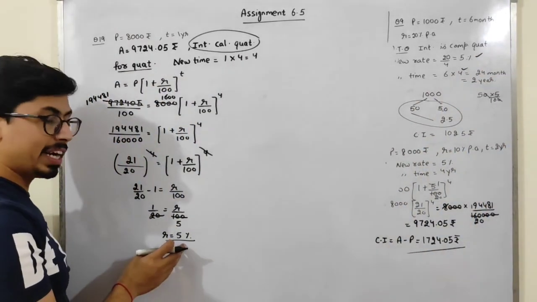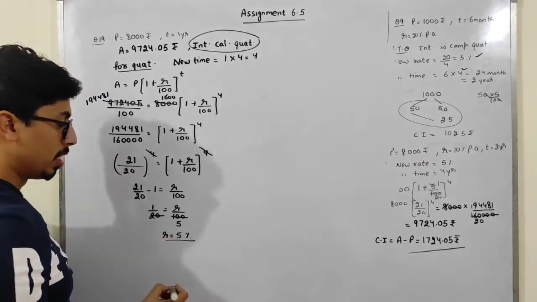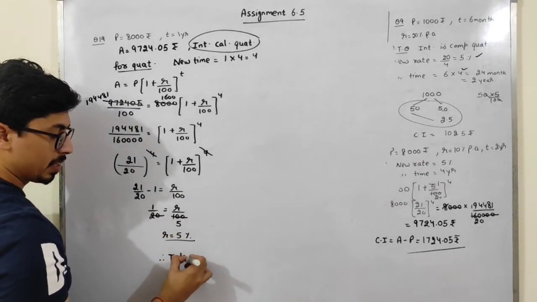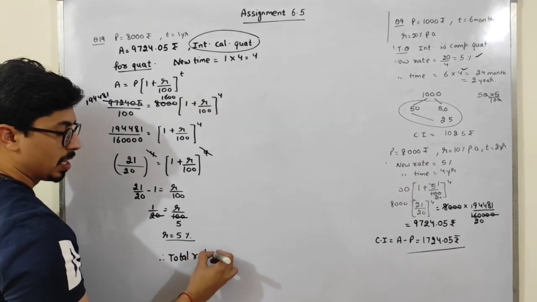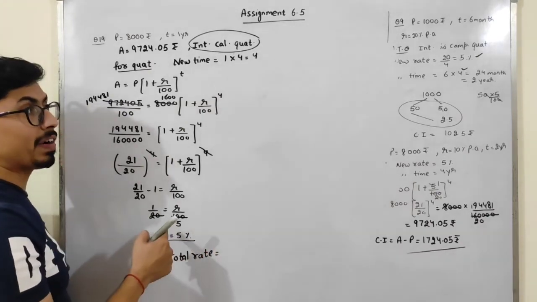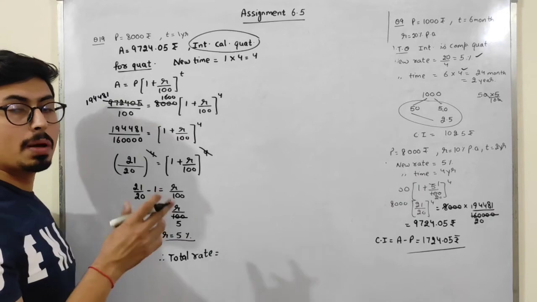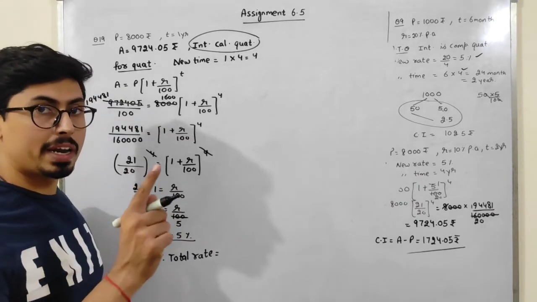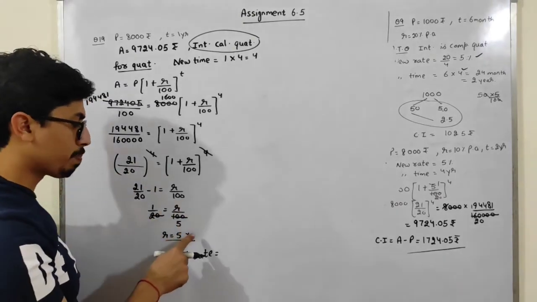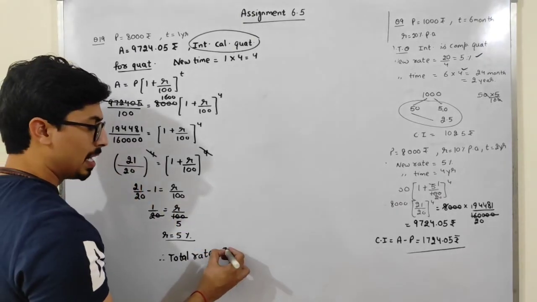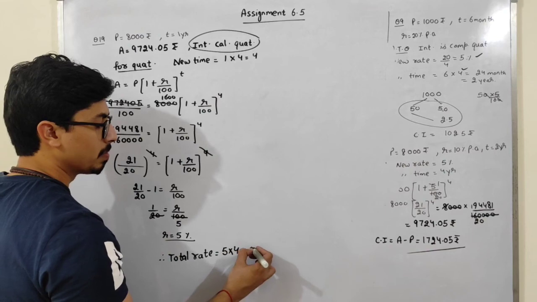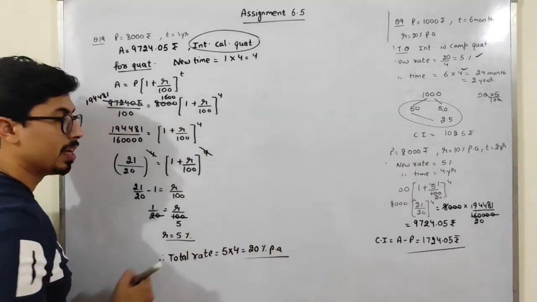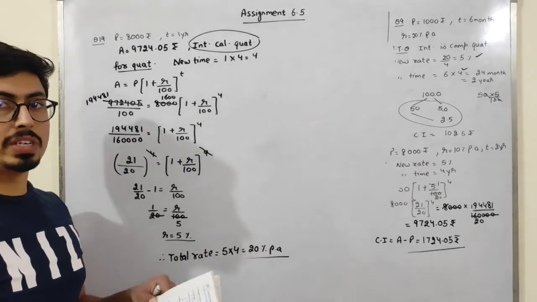That means this rate is already divided by 4. Therefore, this rate that we have found out is already divided by 4. But we have to find out the normal rate, that means the rate per annum. This is per quarter. For per annum, multiply this by 4. So this will be 20% per annum. Okay. So make sure you understand this concept, students.